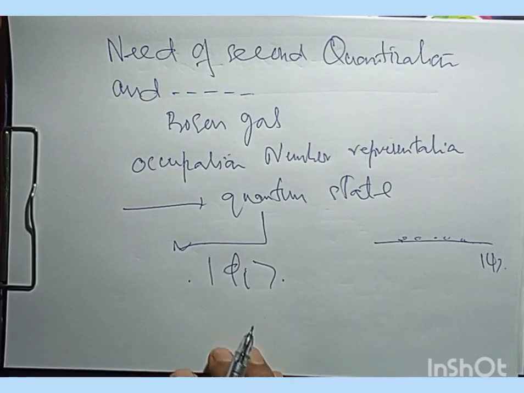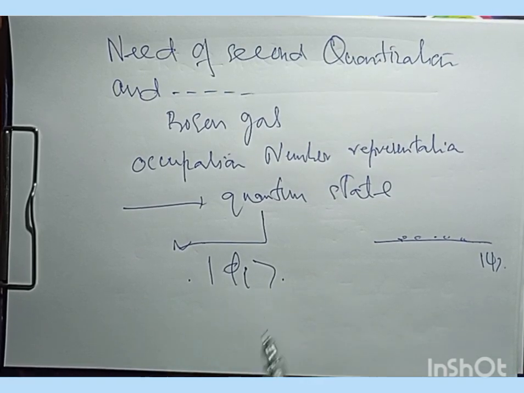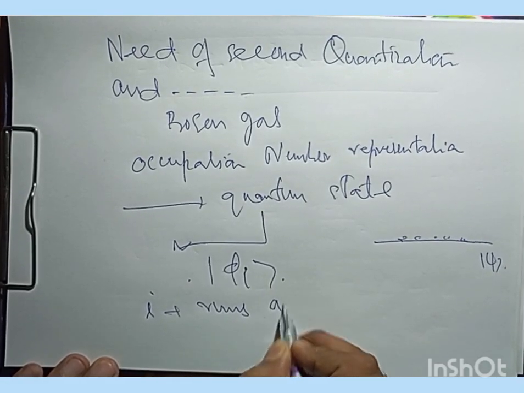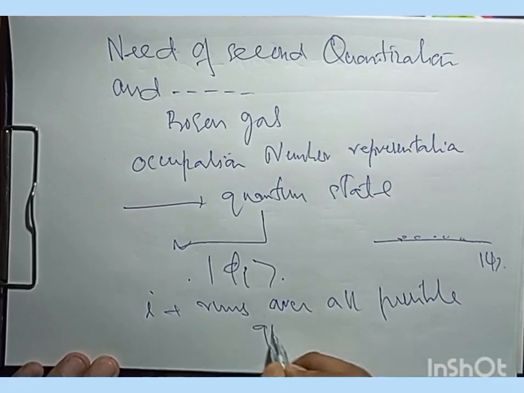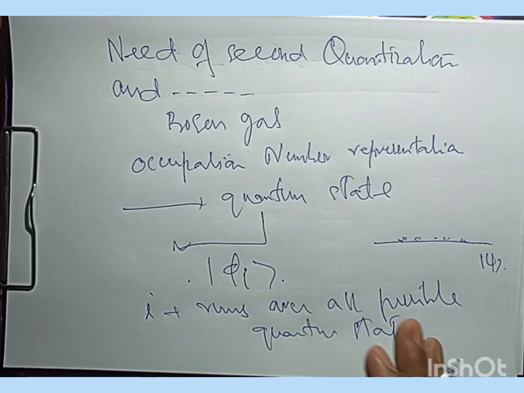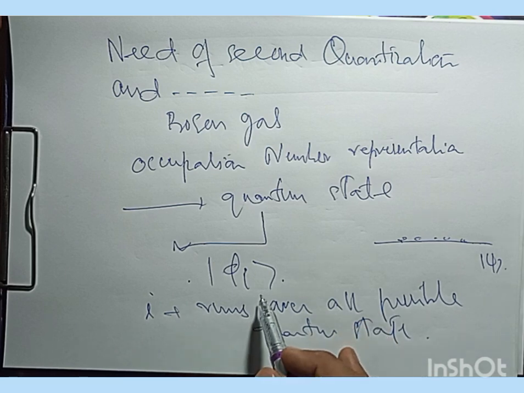Now this is a quantum state, and this i runs over all possible quantum states. So we have a state phi of i, which is composed of this i, and this i runs over all possible quantum states.